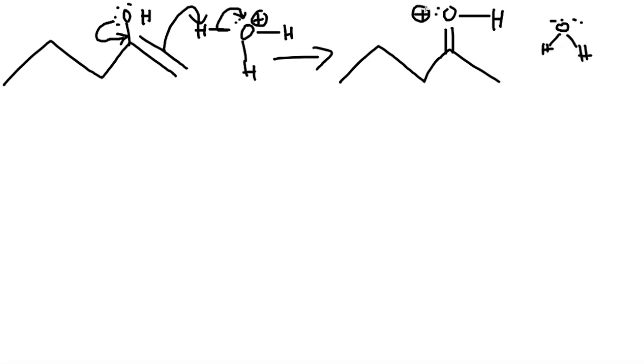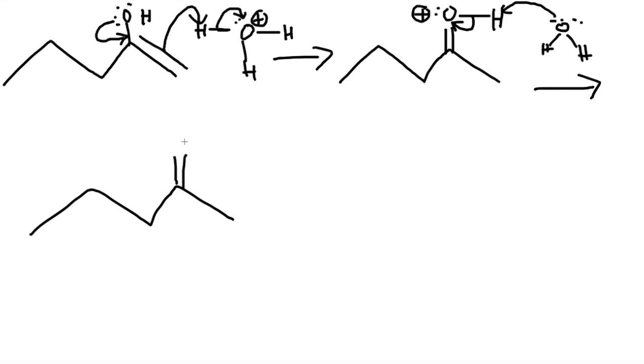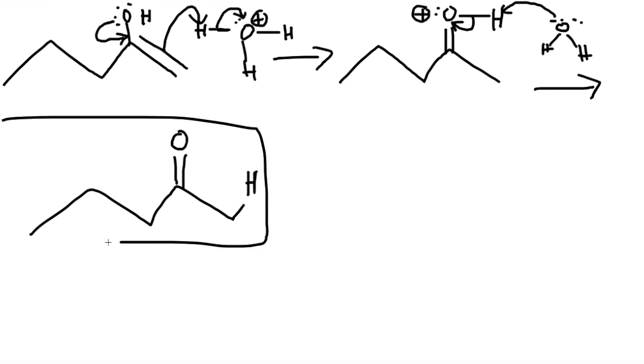So to remove that positive charge, all we do is grab that hydrogen, and that hydrogen gives off the electrons to oxygen, which will give us a reaction of only having an oxygen on here, and that hydrogen was grabbed, put over here, and so this is our final product for this mechanism.